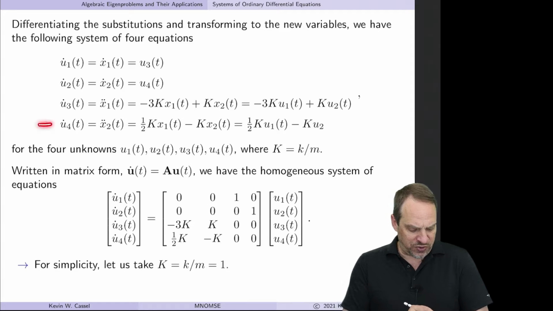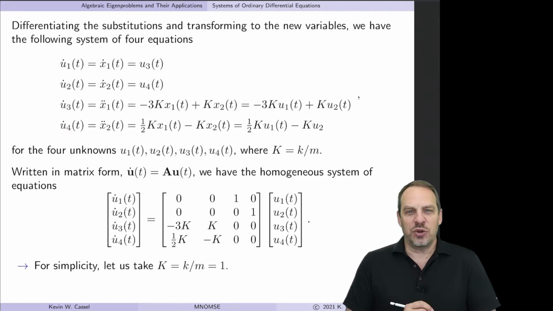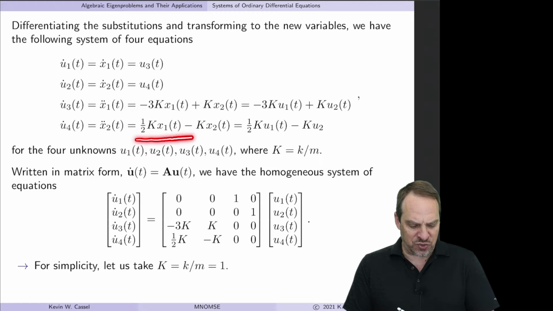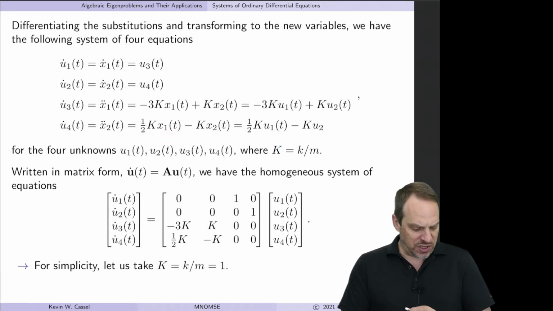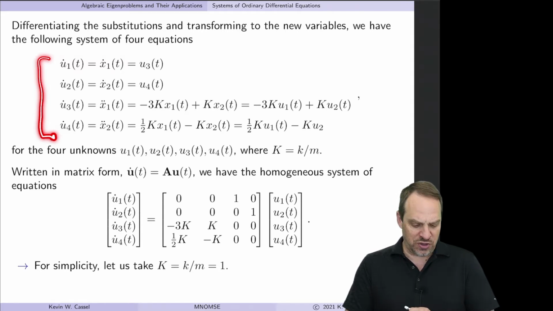Finally, for the fourth equation, we have u4 dot is equal to x2 double dot, but x2 double dot from the second of our governing equations is a half capital K x1 minus capital K x2, where again x1 is u1 and x2 is u2. So in the end, we have four first order ODEs involving u1, 2, 3, and 4.